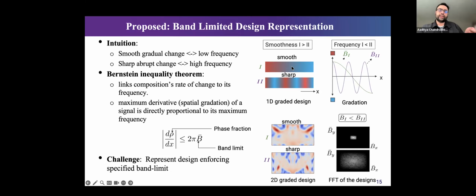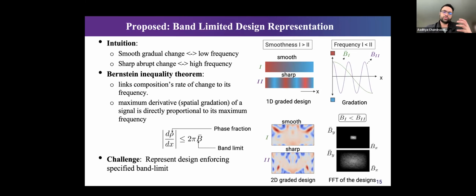So the key idea is that gradual variation in composition corresponds to a low frequency in your design. We can also prove this mathematically: there is an inequality in literature that shows the gradation is controlled by the band limit of the representation.